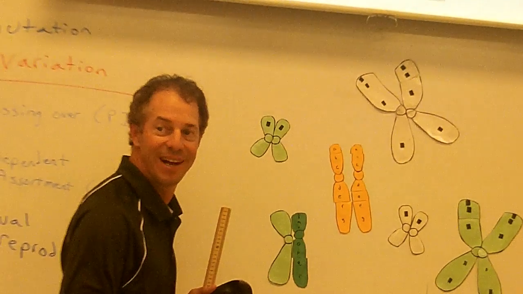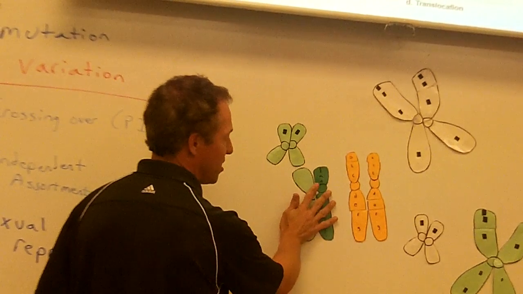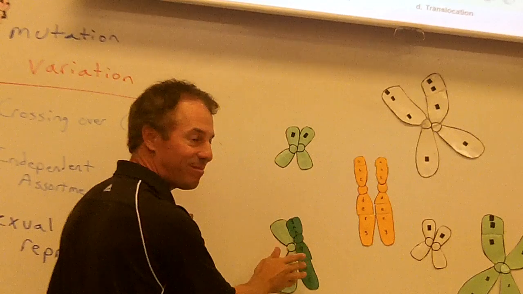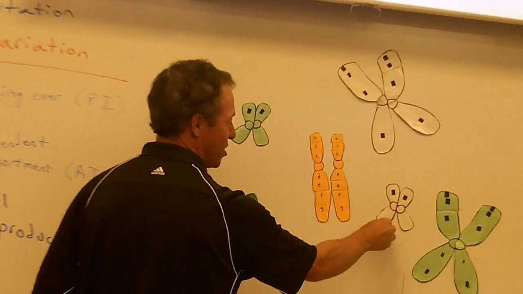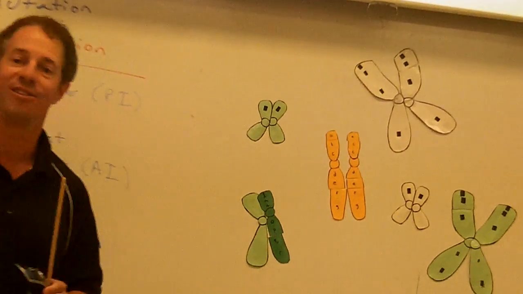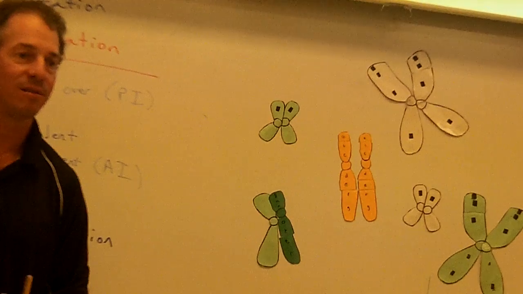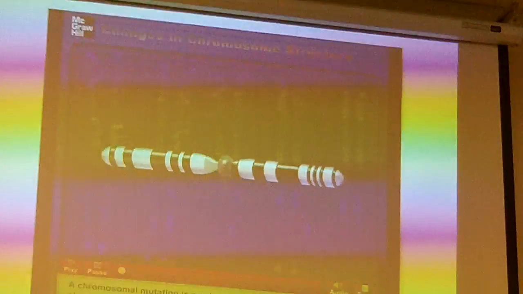Okay. Yeah, good thinking. If these were homologous pairs, it'd be just like crossing over. But let's say they're not homologous. Say it came from the little one. These aren't homologous pairs, so if a piece switches like that, you got a big mess. You got a big mistake. Good thinking, Ella. I like that.